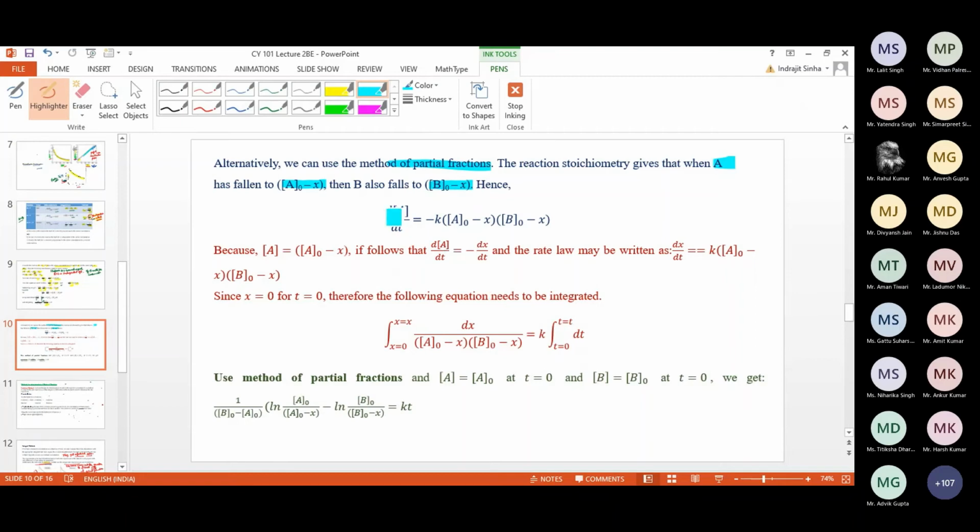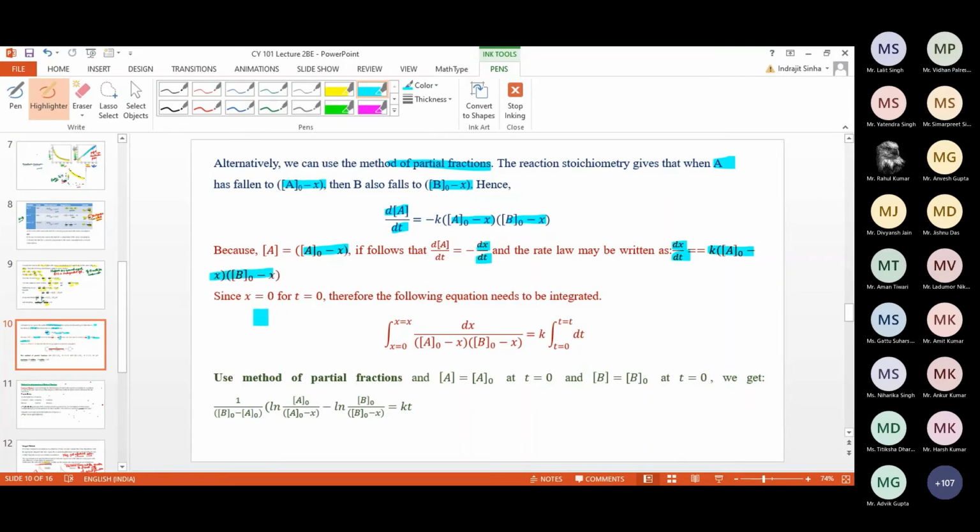So hence we can write down dA by dt is equal to this particular rate law, A0 minus X into B0 minus X. Because if we take the derivative of A0 minus X, it is equal to minus dx by dt, of course. And then you can write dx by dt is equal to K A0 minus X B0 minus X.